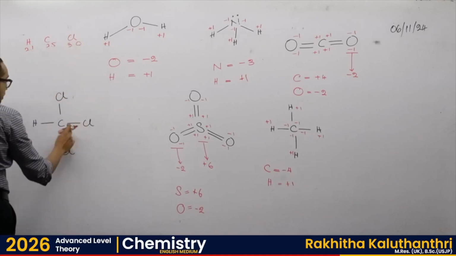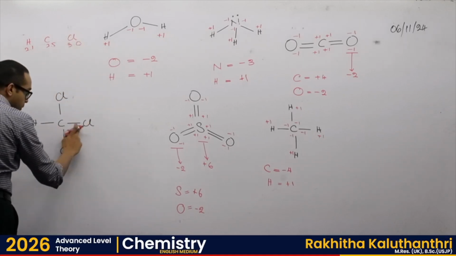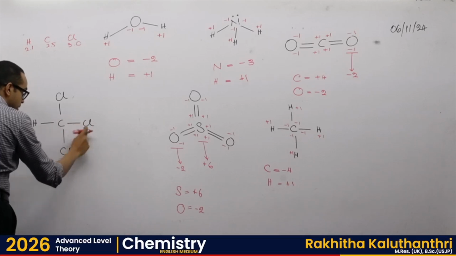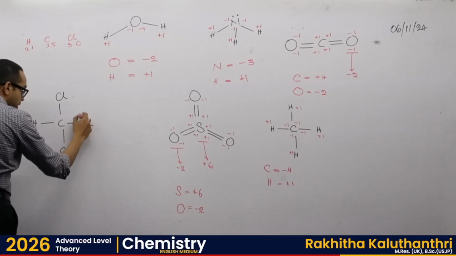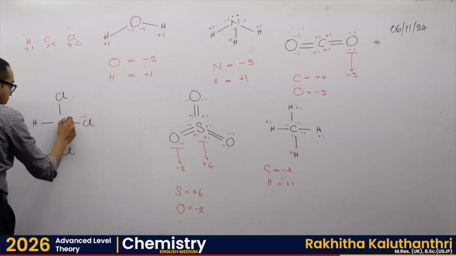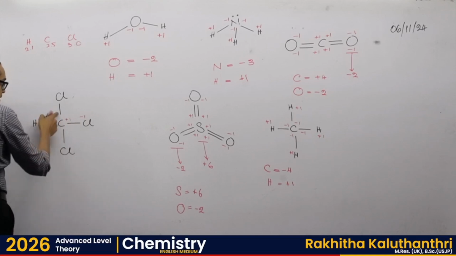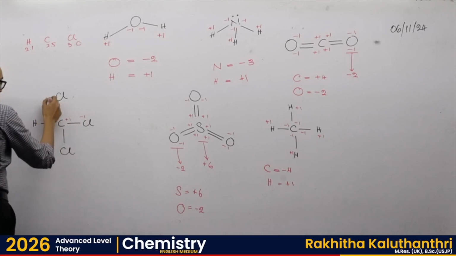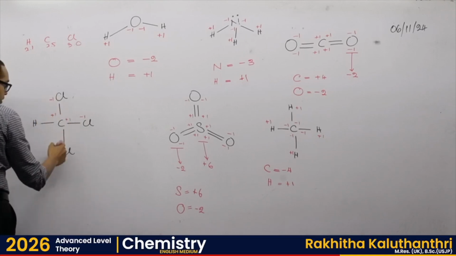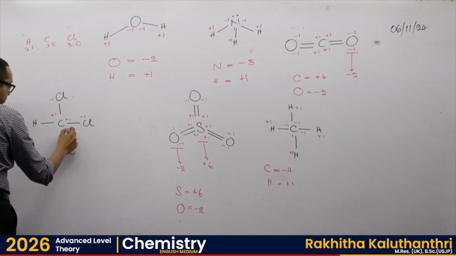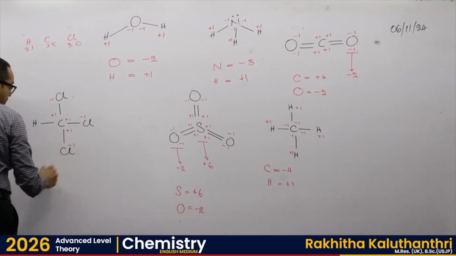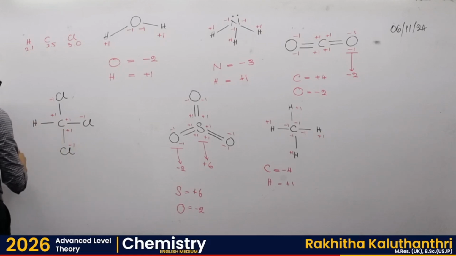So chlorine is more electronegative than carbon. So these bond electrons are going more towards chlorine. So chlorine will gain -1, carbon will be +1. Same bond here, so chlorine -1, carbon +1. Same bond here as well, chlorine -1, carbon +1.